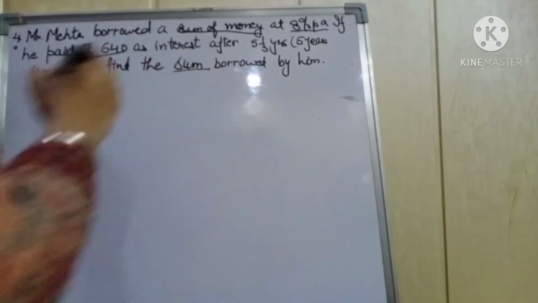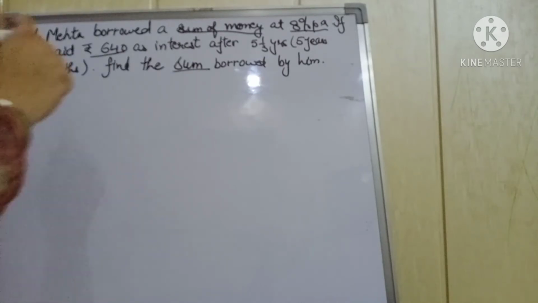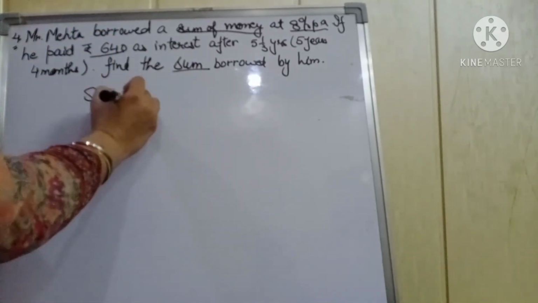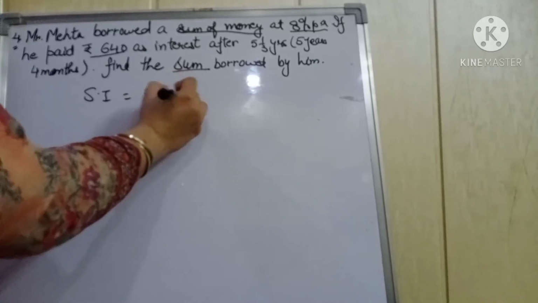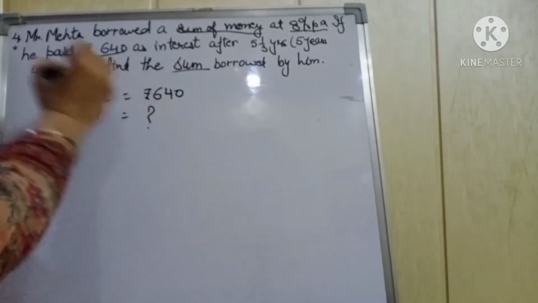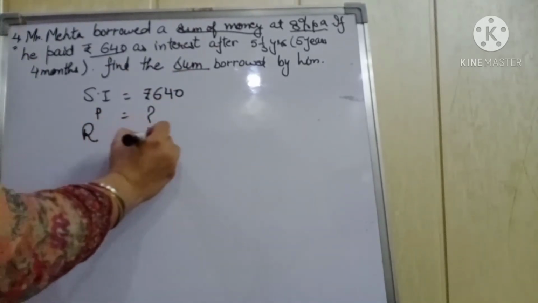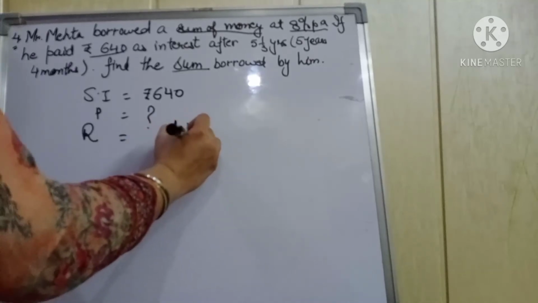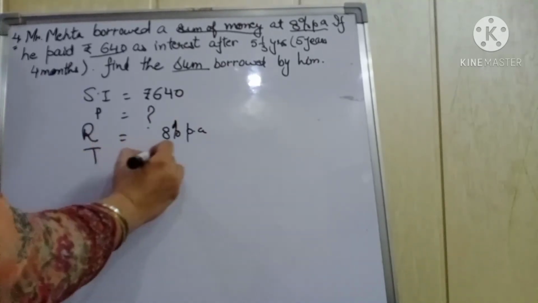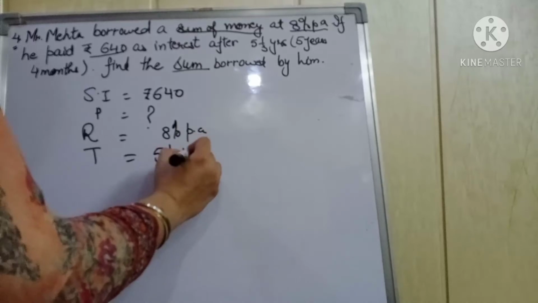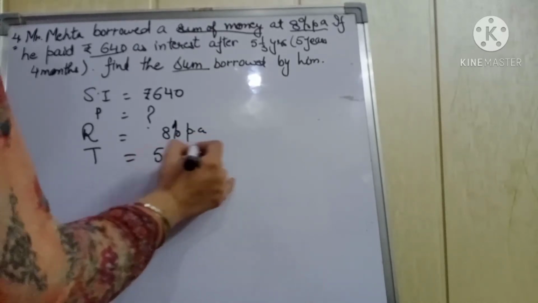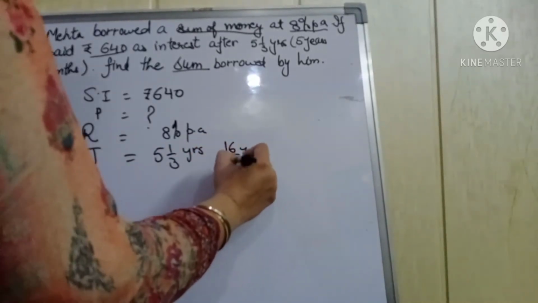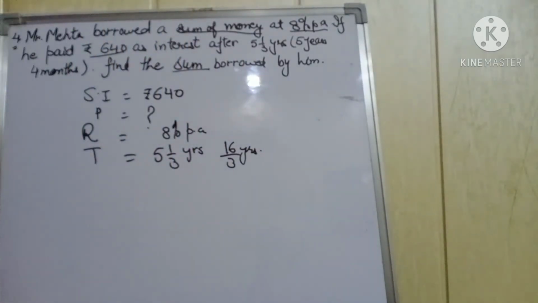Again the sum, that is the principal, and simple interest is given to you, rupees 640. Principal you have to calculate. Rate of interest is 8% per annum. Time period is given as 5 and 1/3 years, 5 threes are 15 plus 1, 16/3 years. So this sum is the same as sum number 3. You must try it yourself. How can you find the simple interest?